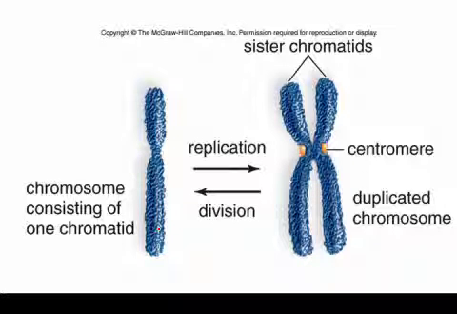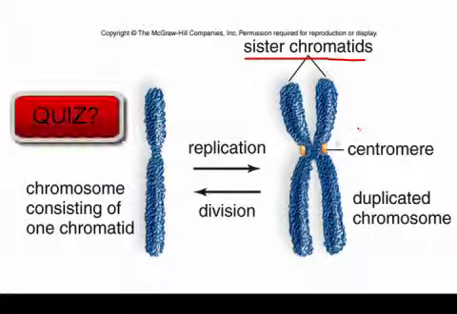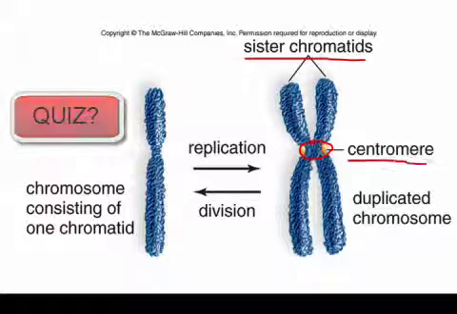During S of interphase, that gets copied. And so we use this little X structure to represent a replicated chromosome. So now both of these copies are called sister chromatids. They're exact copies of that DNA. And these sister chromatids are held together at a point called the centromere.